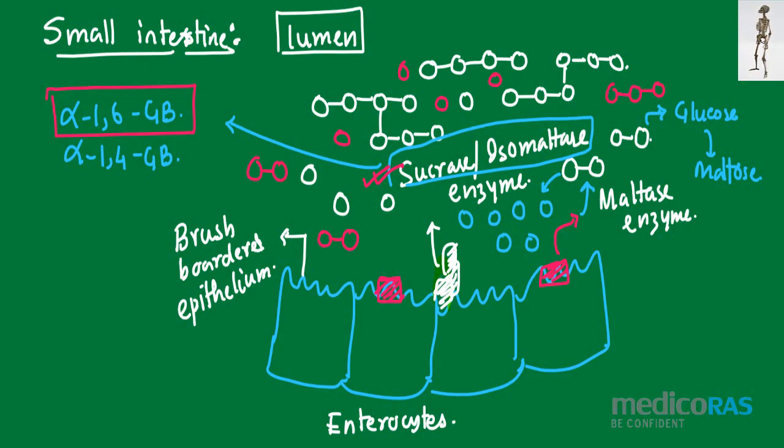But some of the chains still remain as such. Those chains which are not broken inside the intestinal area are known as resistant starch. Now we have almost completed the digestion of carbohydrate molecules in the small intestine.